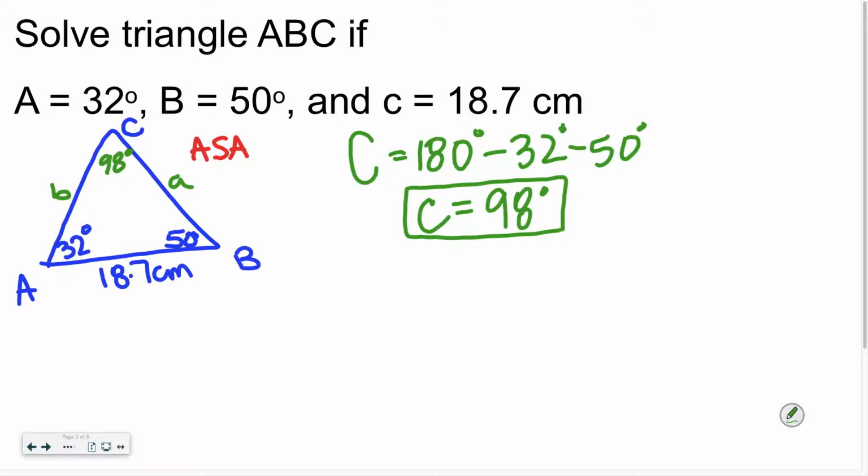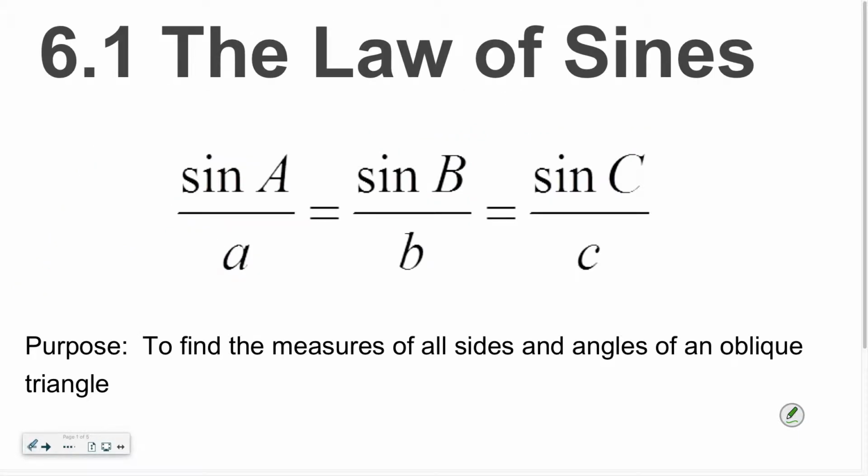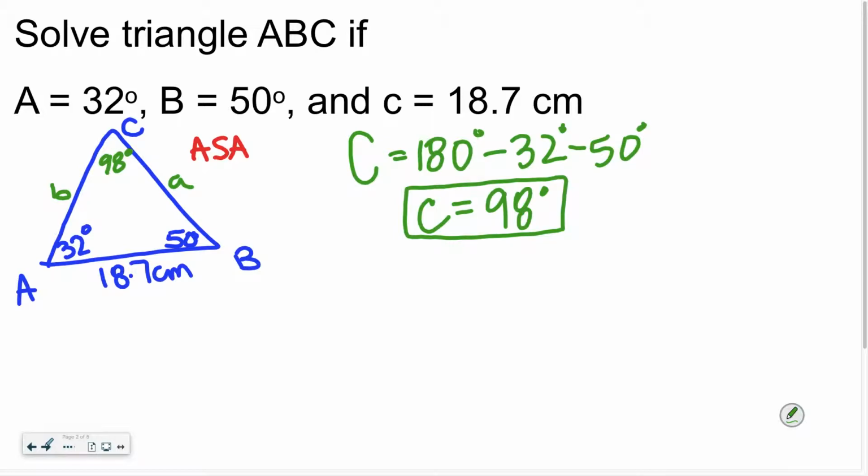Does it matter which one we start with? It doesn't, okay? So let's just go in alphabetical order. Let's pick side A. So the law of sines formula: sine of the angle over the side equals sine of the angle over the side. So if I want to find side A, we're going to have to write the sine of angle A over side A. Okay?